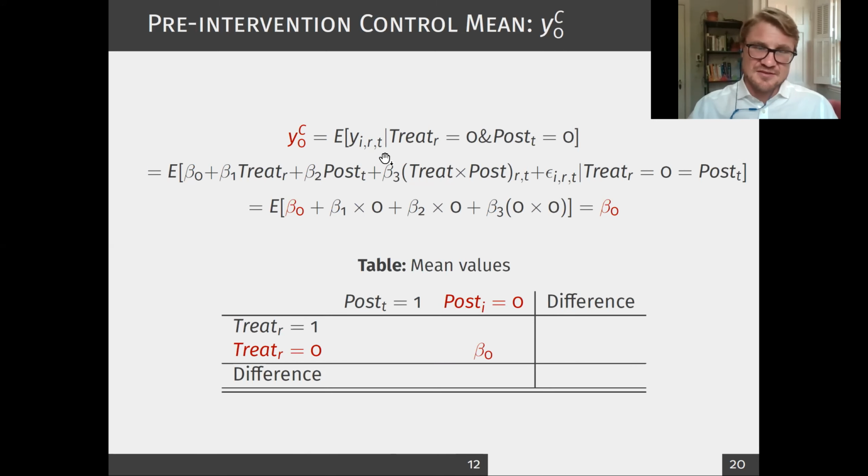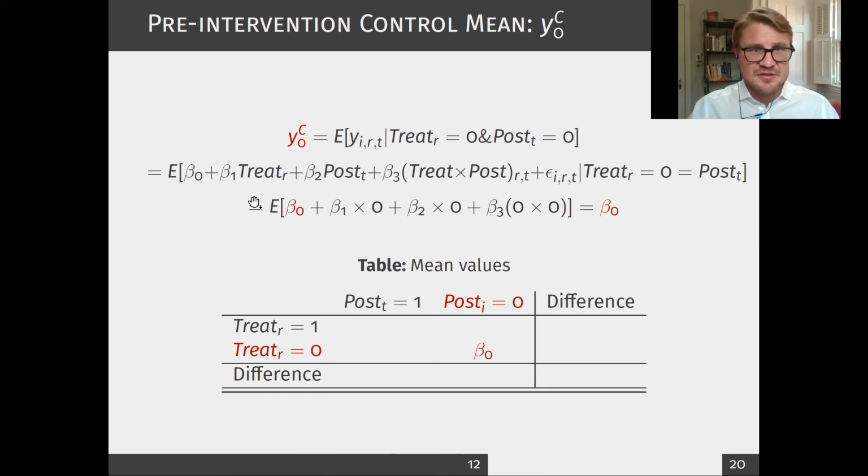So the expected value when treat equals 0 and post equals 0 is basically just the population mean when treat equals 0 and post equals 0. And that's the expected value of Y_irt, which of course is this whole equation plus the epsilon term. The expected value of the epsilon term falls away and is 0, because everything is well specified and constructed in a way that on average the epsilon is equal to 0. So what do we have left here?